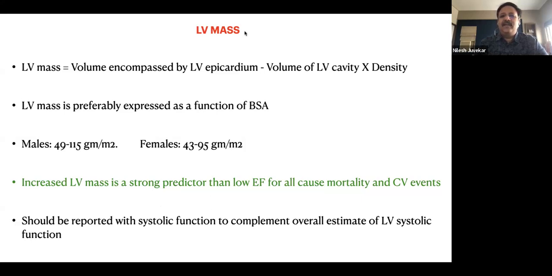So LV mass many a times is not written. So in our hospital, we have made it compulsory for our echocardiographers to mention the LV mass along with the LV systolic function. Now, it should always be reported in order to complement the overall estimate of the LV function.